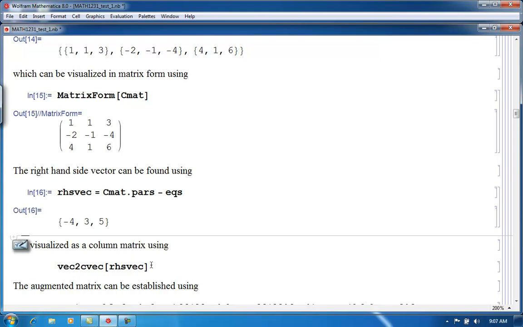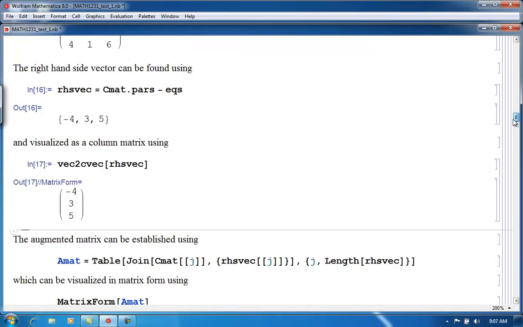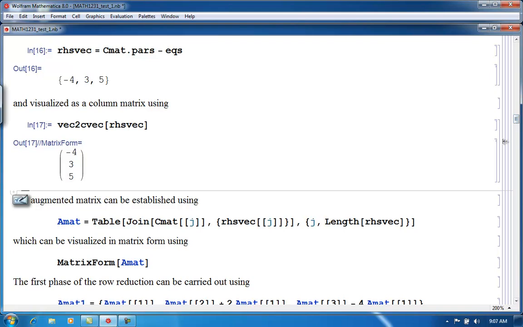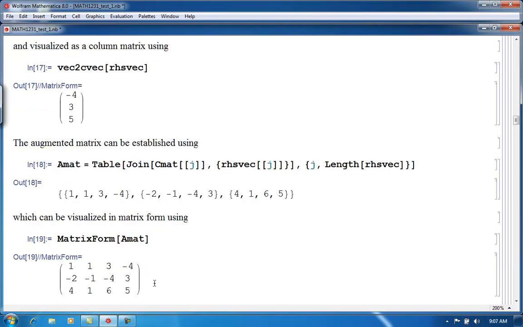And we can visualize that as a column matrix using that. We've now got a set of linear equations, so we form the augmented matrix by joining each row of the coefficient matrix to the corresponding element of the right-hand side vector, which we can do using this, and we can see it as a matrix like so.